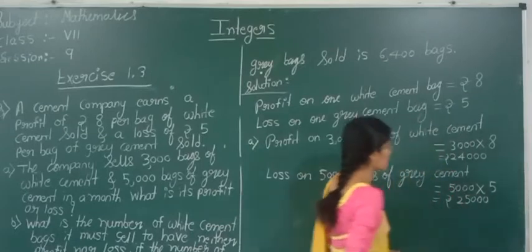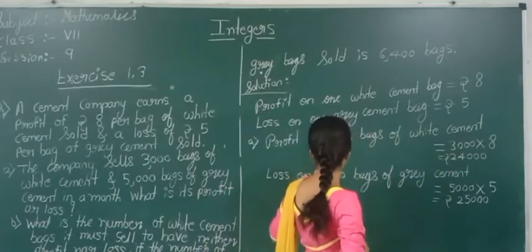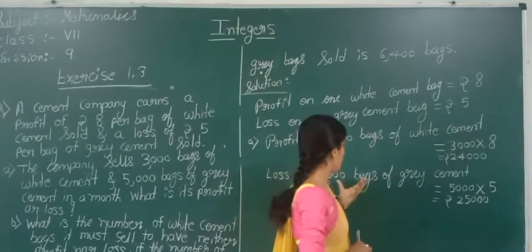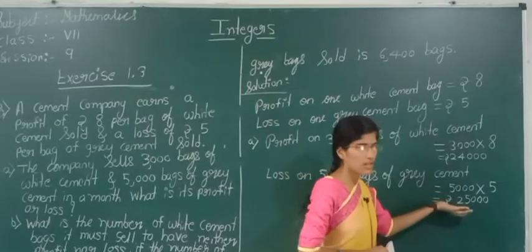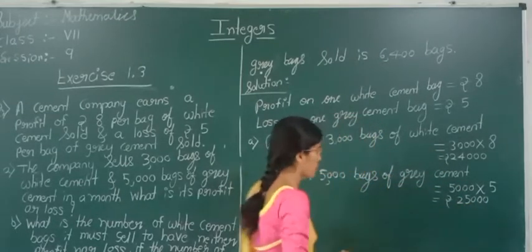That will be rupees 25,000. Now see, students, is the profit bigger, or is the loss bigger compared to the profit? Here the loss amount is bigger compared to the profit. Definitely this is a loss.